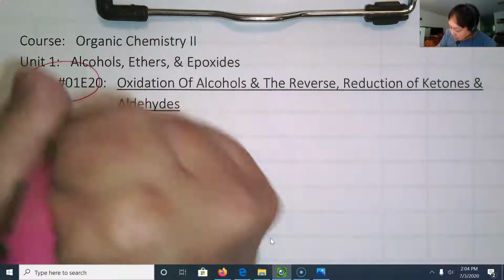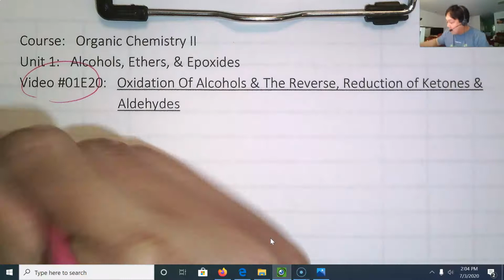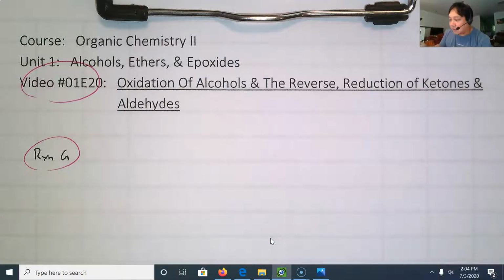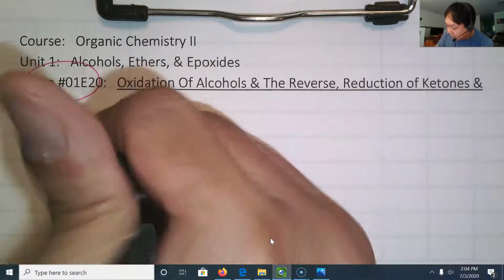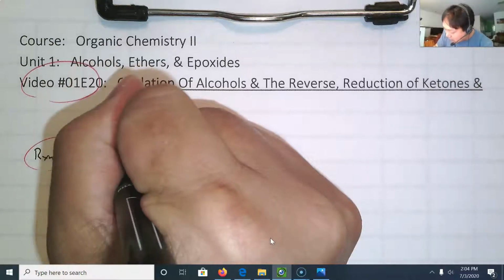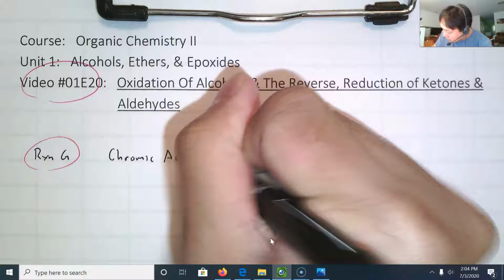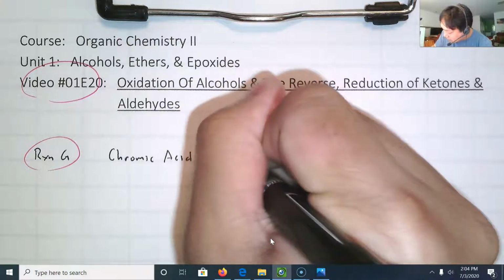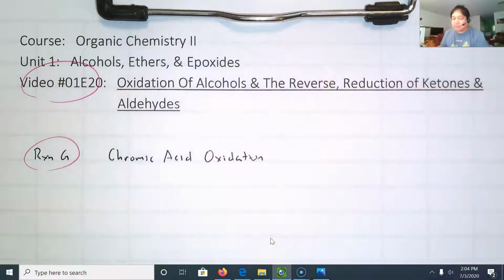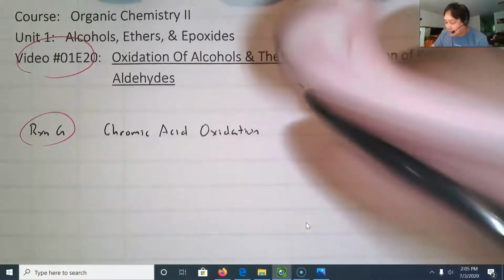Now, reaction G, we're going to call this chromic acid oxidation. It's also known as Jones oxidation.